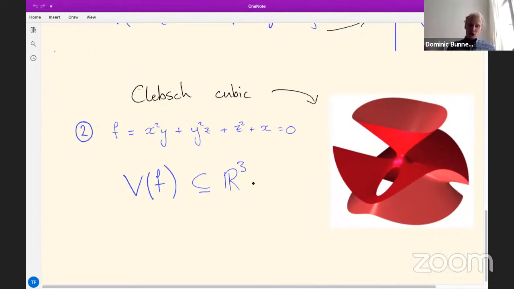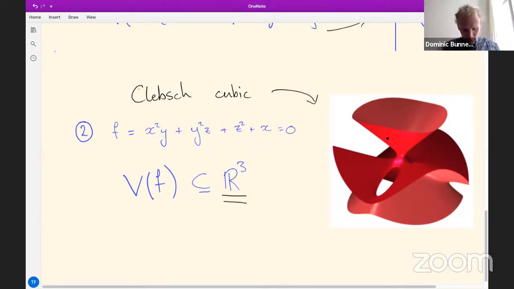This is an example of a cubic surface, which are very well studied. Here we consider the real locus, only points inside R^3, the real numbers, and we get rather nice pictures. We can start to see that the geometry of these things is quite complicated and quite beautiful.